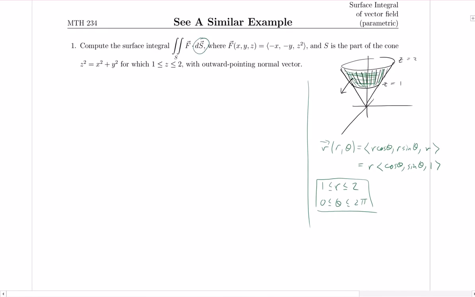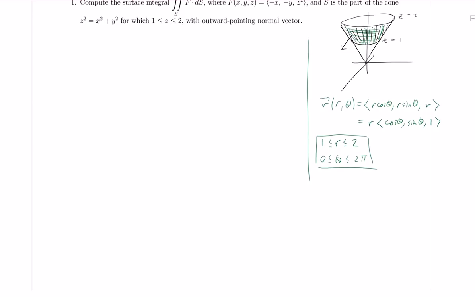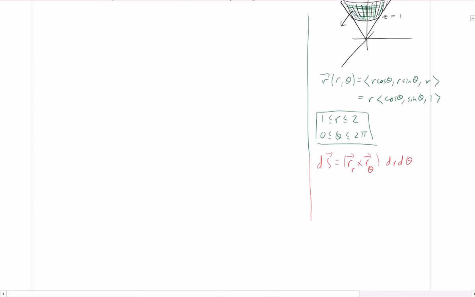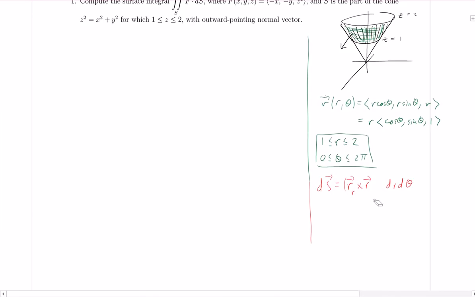Now when we go to substitute things in the integral, we need dS. So we need to write what dS is for a parametric surface. And dS is the cross product of the partial derivative vectors, or possibly in the other order.